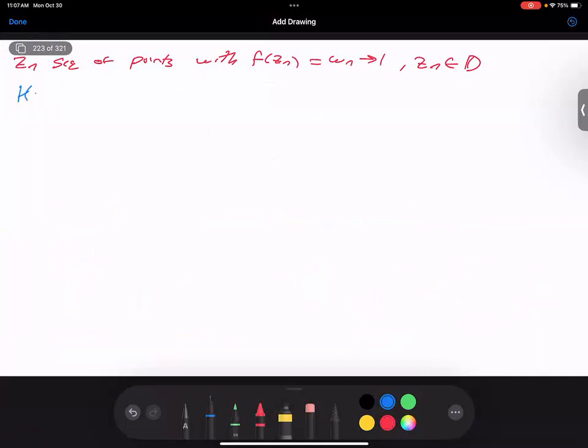So we have a subsequence Znk in the disk such that the limit as k goes to infinity of Znk equals, let's call it Z star. Where does Z star live? In the closure of the unit disk. The unit disk is not compact, so it's got to converge to something, but it's got to converge to something in the closure of the unit disk.